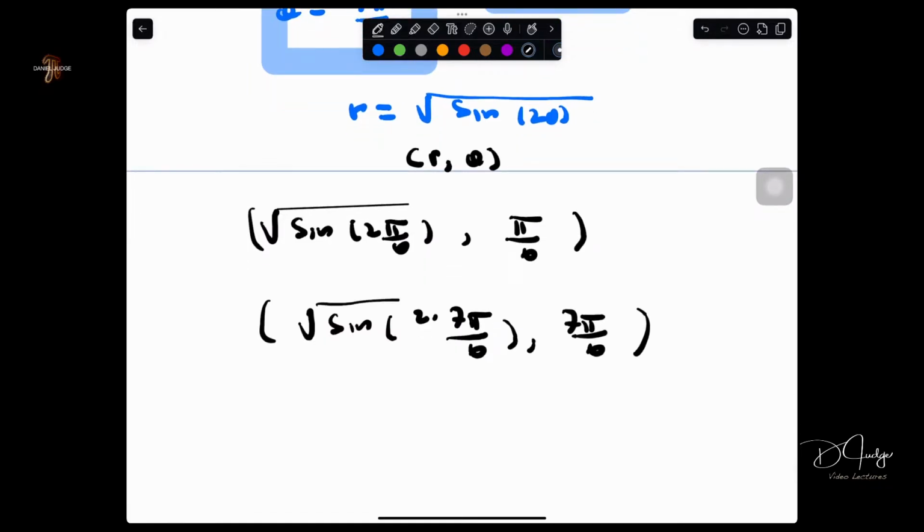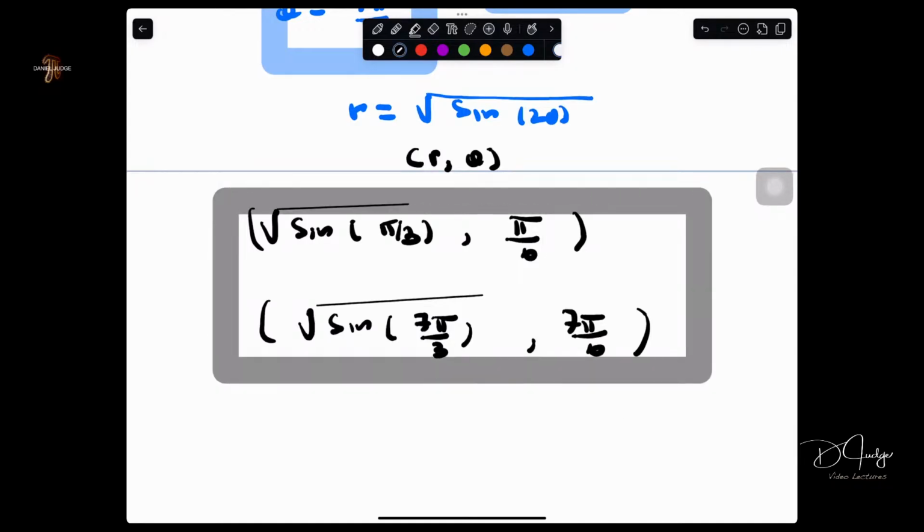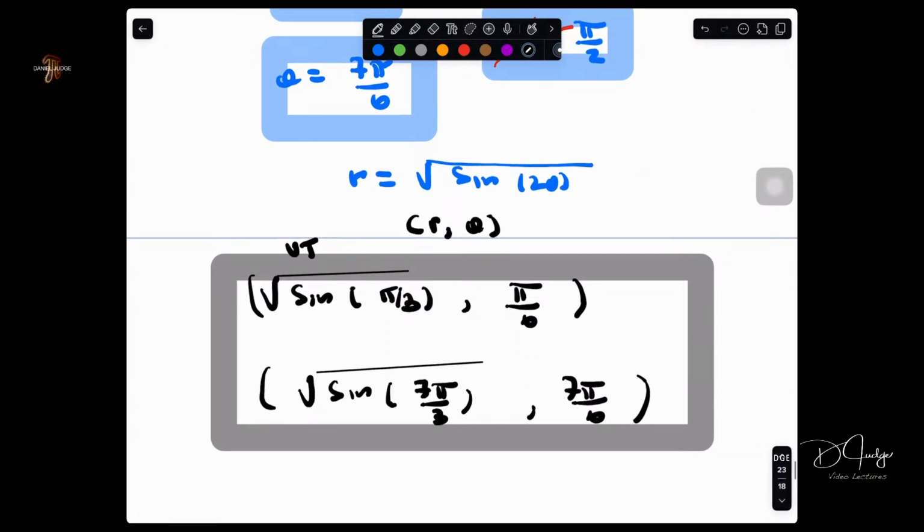So you can simplify this to pi over 3, and this would be 7 pi over 3 now. This is where you have vertical tangents. And you might be able to include 0 as well. So we can include (0, 0), I believe.